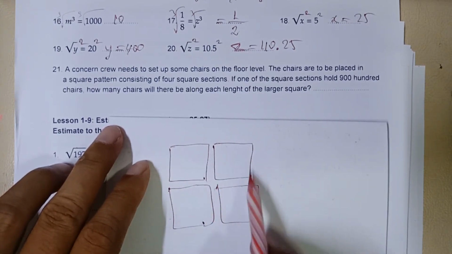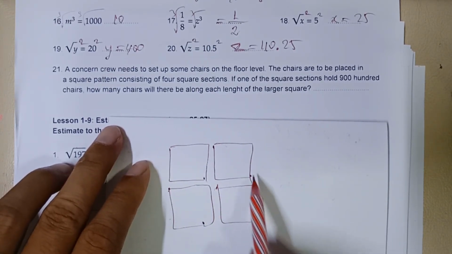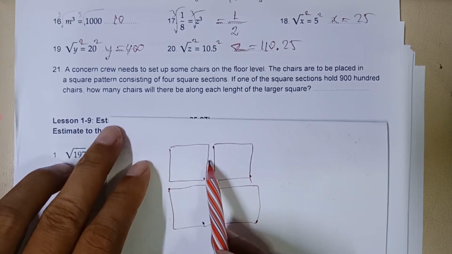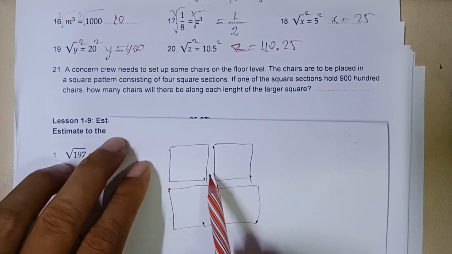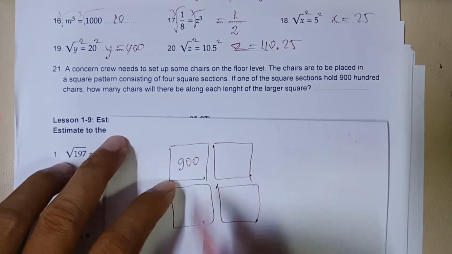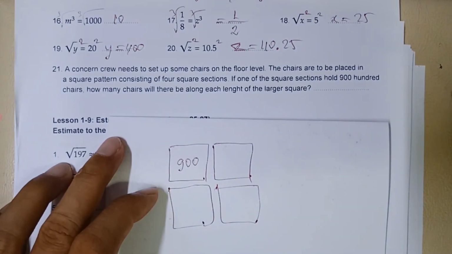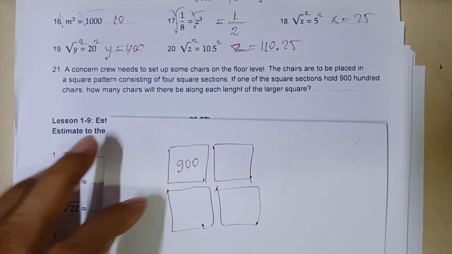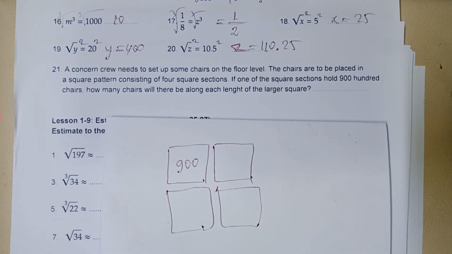They are equal squares, and the 4 combined make a larger square. So if one square section holds 900 chairs, how many chairs will be along each length of the largest square?